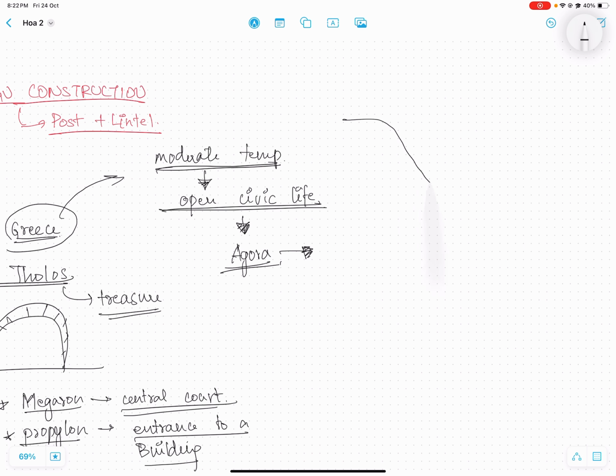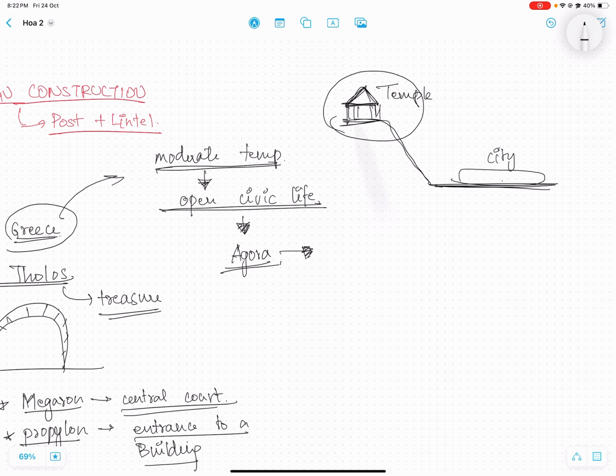So they had their temples at the top of the hills, and at the bottom of it they had their city. They also believed that situating the temples at the top of the mountains keeps them closer to heaven.